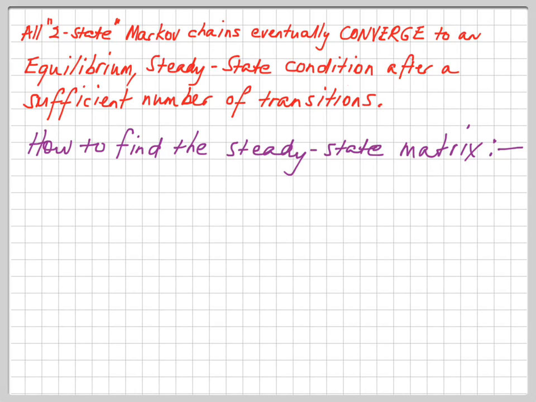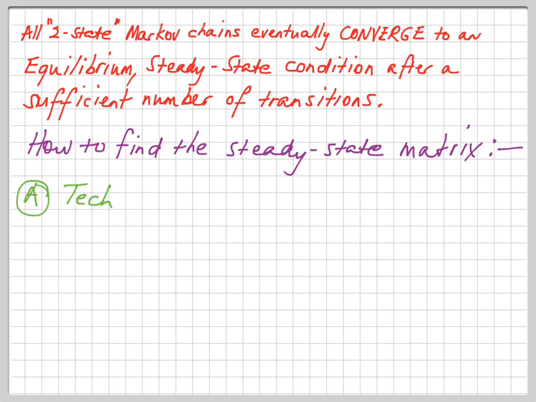Right. Now, how to find the steady-state matrix. This is the bit that you need to know how to do in the exams, obviously, because they're going to ask you that. It really depends on whether you have a technology-enabled exam or a technology-free exam. That is the crucial deciding factor.